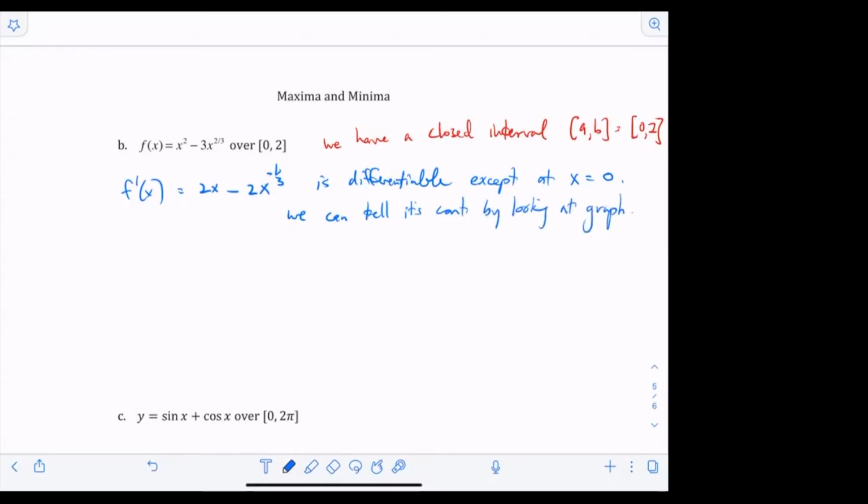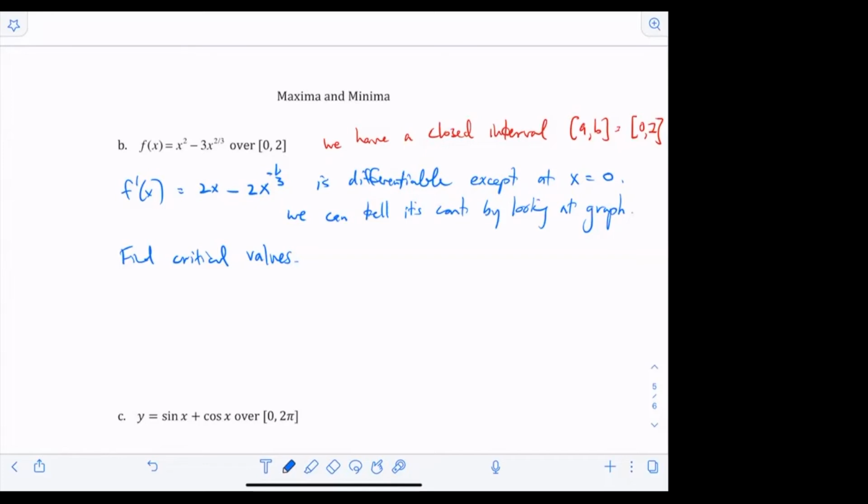So what do we want to do next? Once we found that it's continuous, the next thing we want to do is find the critical values. How do I find the critical values? I take the derivative and I set it equal to 0, right?